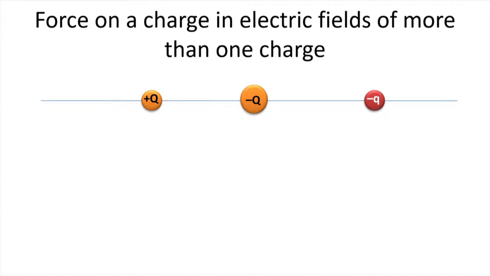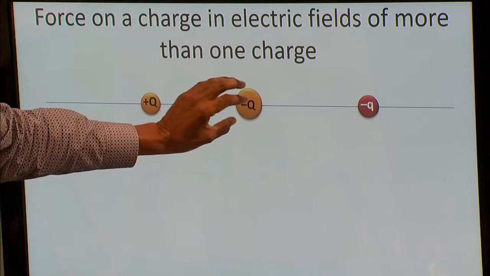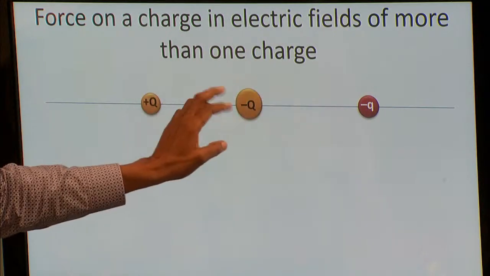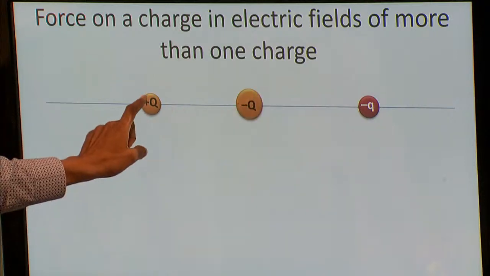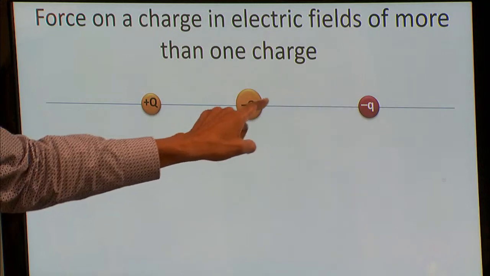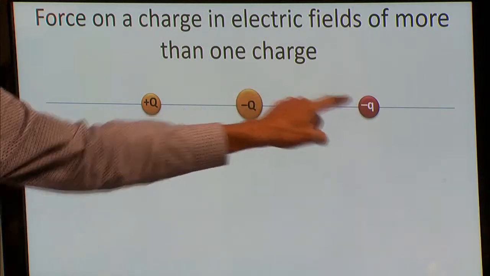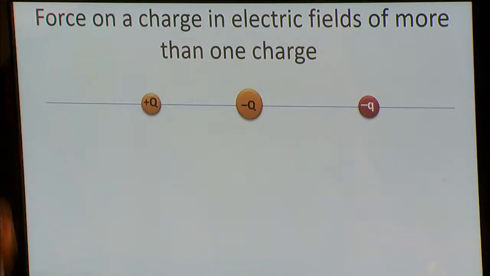Because all of these charges have fields going out, and this one has fields going out. So this charge is in the field of both of these. So it will experience a force due to this charge, and it will experience a force due to this charge. All right, this force will be a repulsive force because they are the same charge, and this force here will be an attractive force because they are opposite charges.